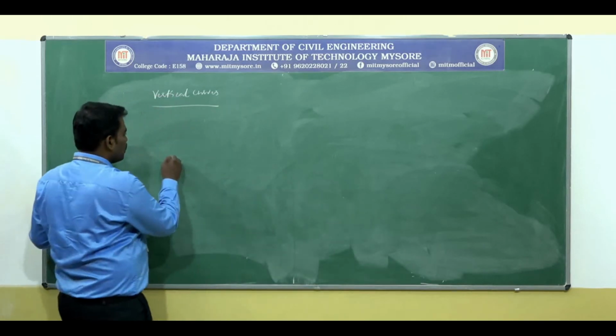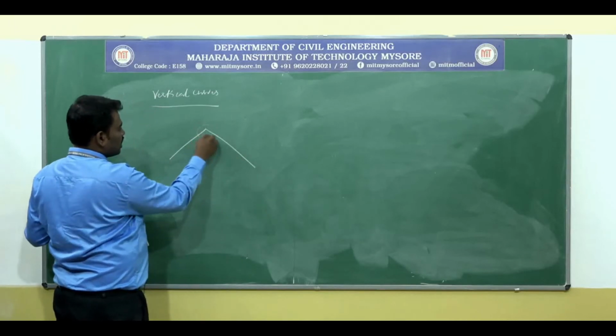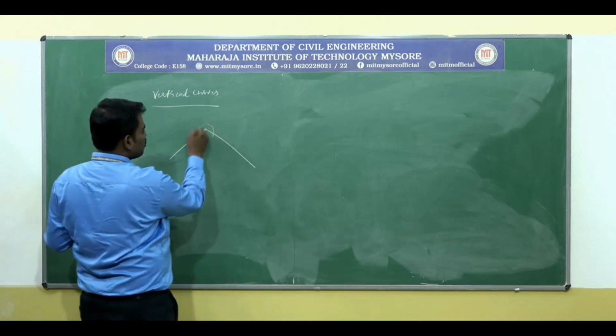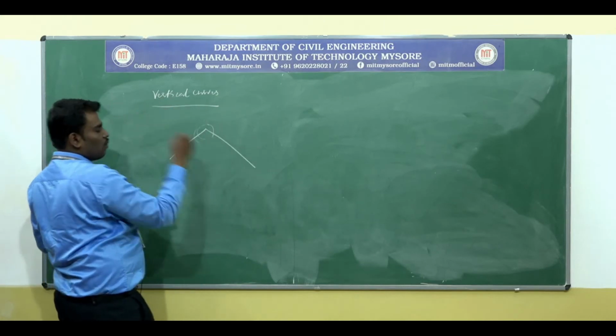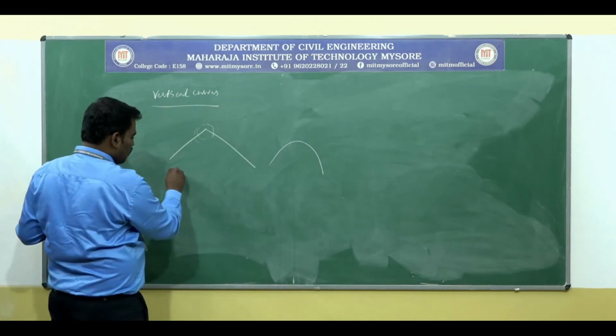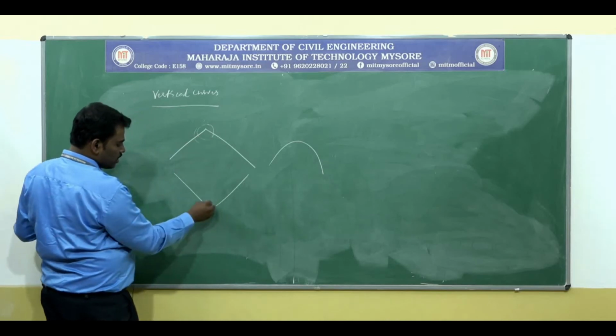Assume that this is one gradient and another one is this gradient. Here is the change in gradient. This change in gradient will be smoothened out by the introduction of a vertical curve. If you have a downward gradient followed by an upward gradient, here is the change in gradient.